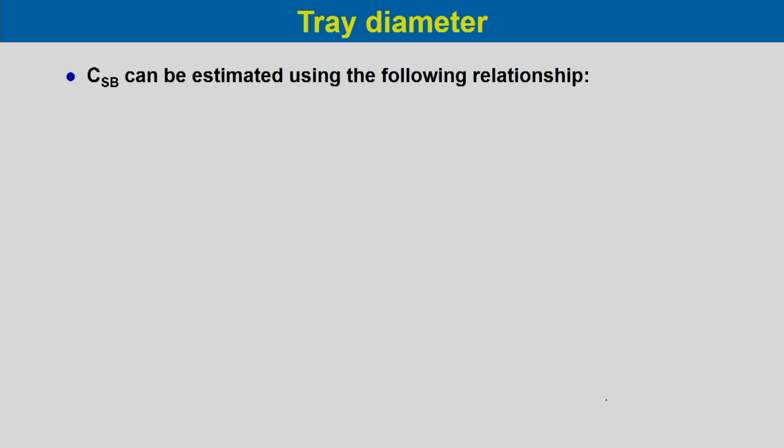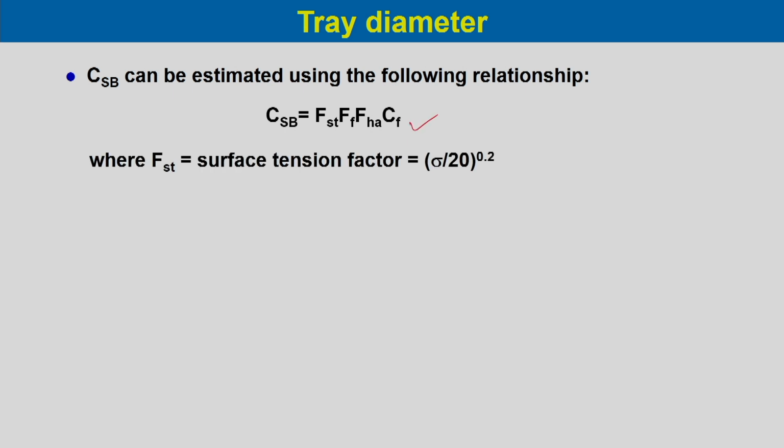CSB can be estimated using the following relationship: CSB equals FST into FF into FHA into CF, where FST is the surface tension factor, which is defined as (sigma by 20) to the power 0.2.